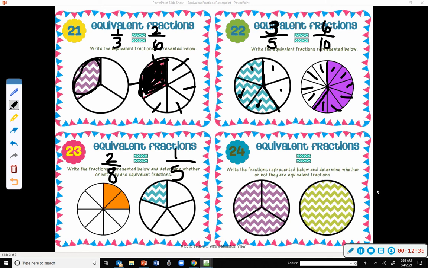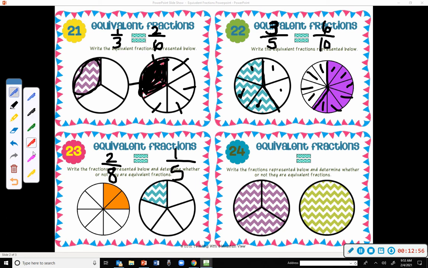Okay, so now is where I'm going to show you a trick or a backup strategy when you cannot tell just by looking at the shaded parts, because sometimes it is hard to tell by looking at the shaded pieces if it's the same amount. This is probably one of them. So the backup strategy is to use multiplication.